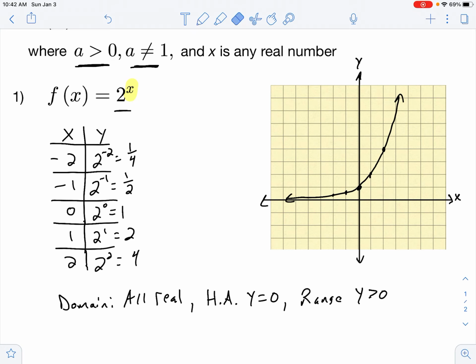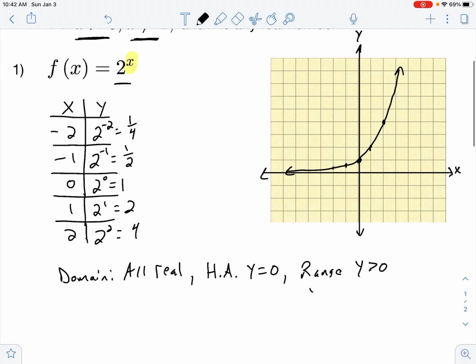And then last but not least, we have a y-intercept at (0, 1), which is right here. So all of these characteristics will apply to your exponential function, assuming that you do not have any transformations at all.